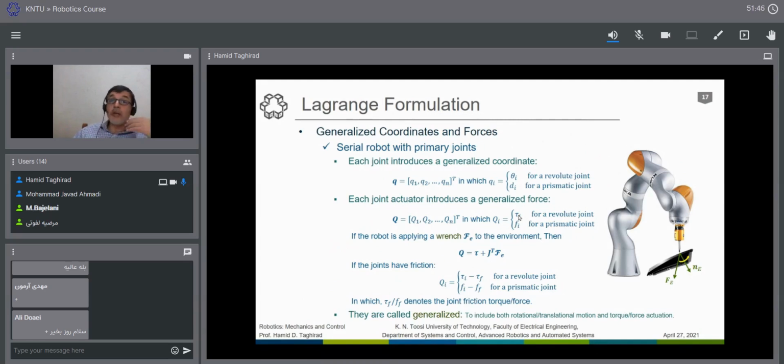But there might be some other forces as well, and we have already discussed that in the Jacobian. If the robot is applying a wrench, Fe, to the environment, then the Jacobian transpose times Fe would be the map of that onto each joint's actuation forces.